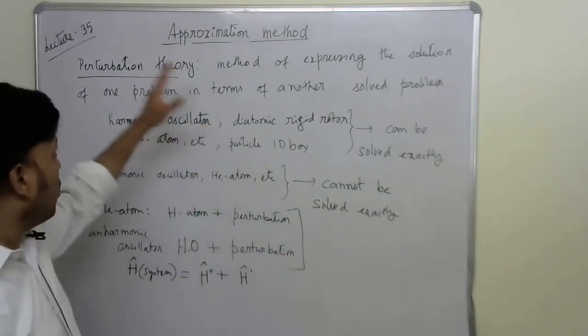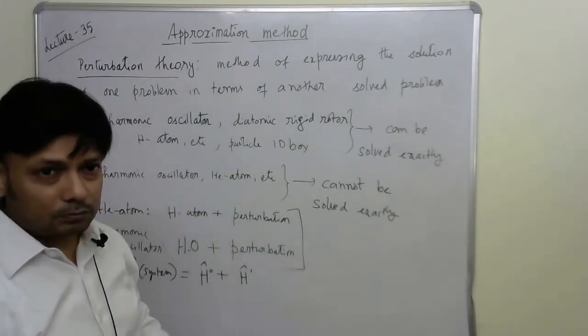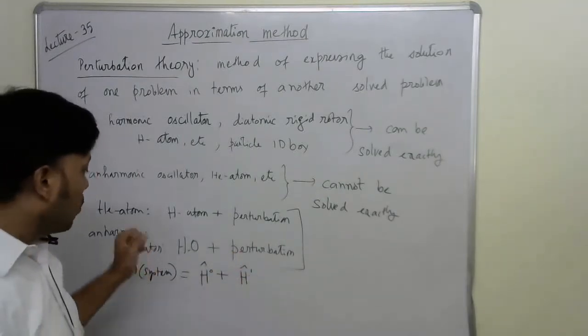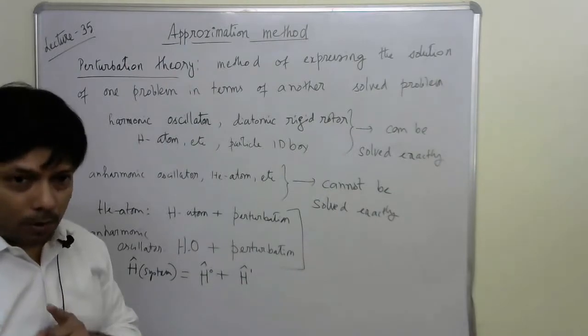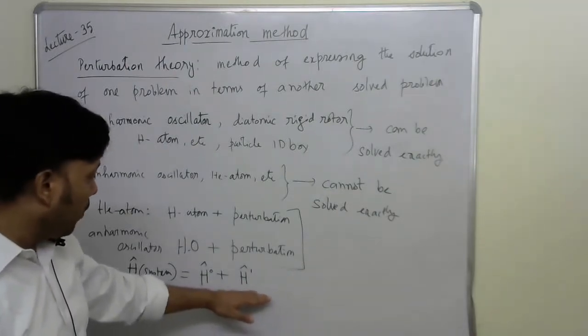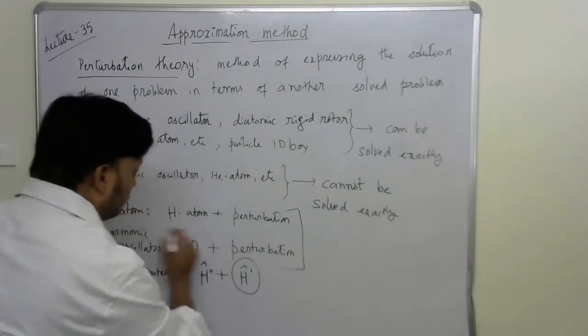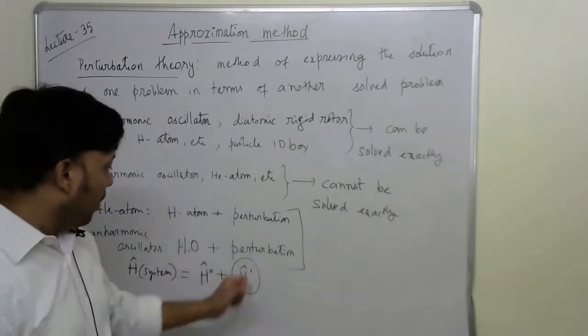But for the sake of our syllabus in this quantum chemistry course CY4301, we are going to confine our discussion only up to the first order perturbation. So we are going to keep our system simple and confine ourselves up to H1.